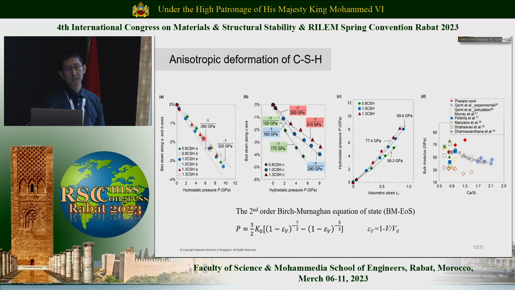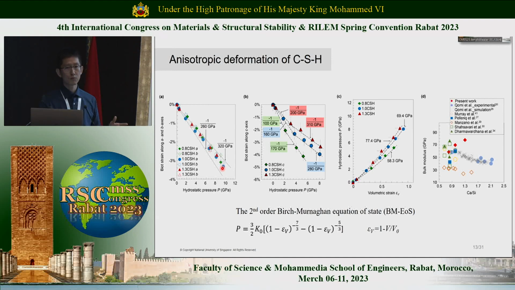We found that for all CSH at different calcium to silica ratio, its ability to deform, or its stiffness within the plane, the AB plane, is very much the same, despite the change in the calcium to silica ratio. As a function of increased pressure, you have a linear decrease of A and B, and from that you can calculate the incompressibility along the A direction and B direction of CSH, and it turns out to be very constant.